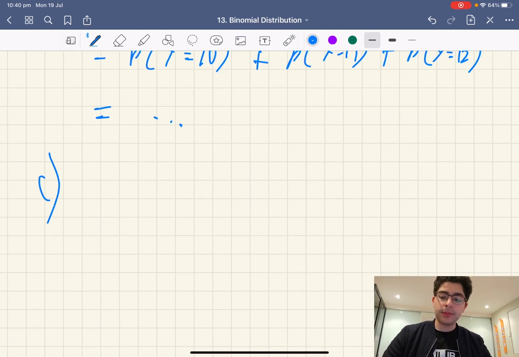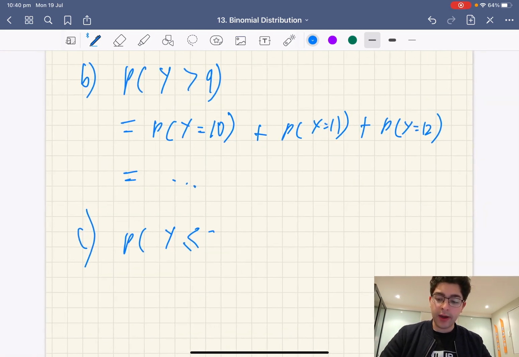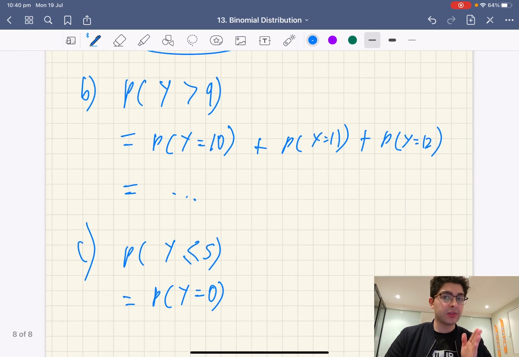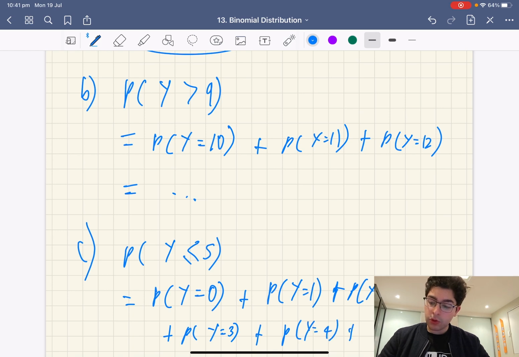Now, finally, if I said find the probability that y is less than or equal to 5, what that means is we're going to have the probability that y is equal to 0, so that means 0 successes, that's always the lowest amount, plus the probability that y equals 1, plus the probability that y equals 2, plus the probability that y equals 3, plus the probability that y equals 4, all the way up to the probability y equals 5.